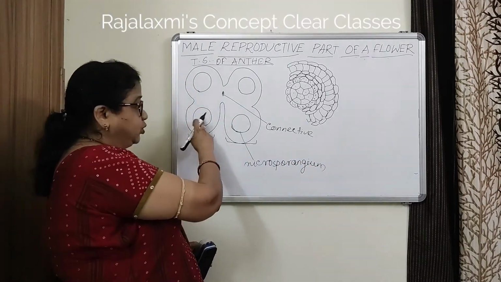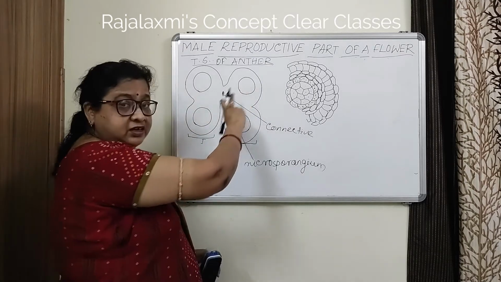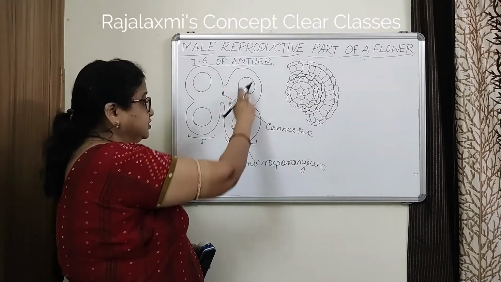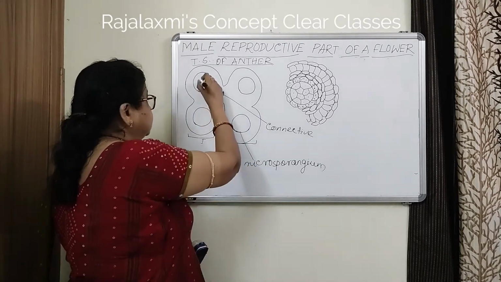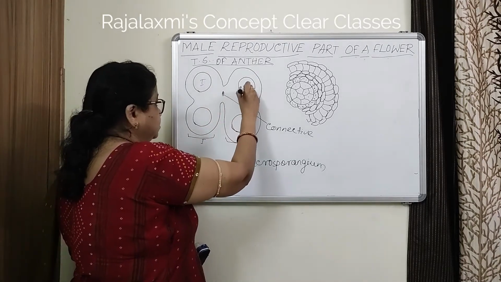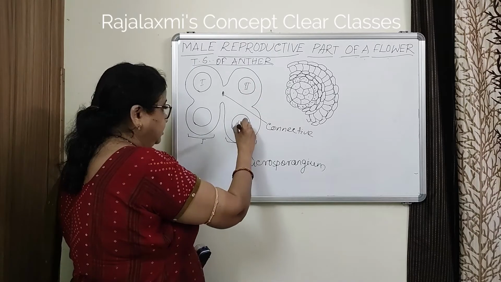And there are 4 microsporangia present at the 4 corners of the anther. This is the 1, 2, 3 and 4.